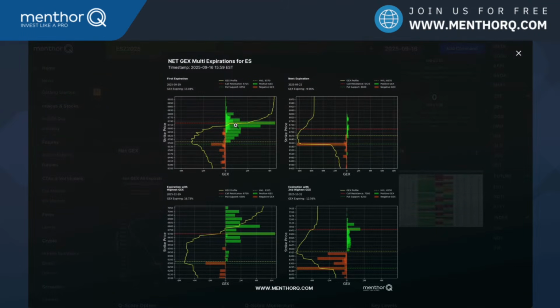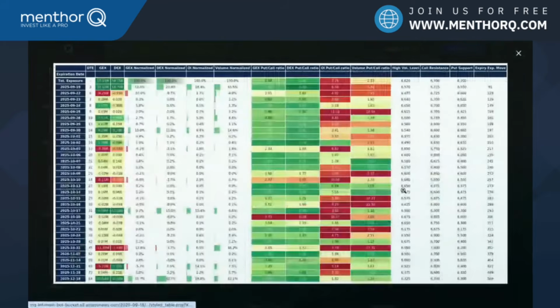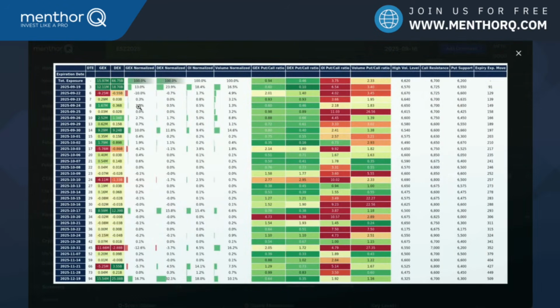So clearly market is looking at the event for this afternoon and kind of positioning themselves. And then, of course, you have all the other expiration there. Then you can also look at the matrix, and you can see how much gamma is expiring specifically on the ES contract. So here we have the ES option chain. This is looking at futures options, so not option on SPX, but actually options on ES, right?